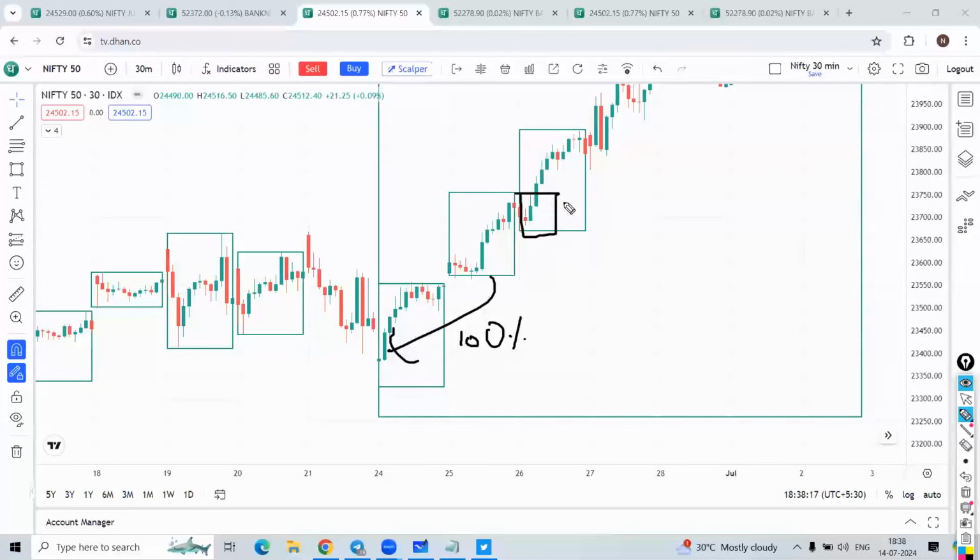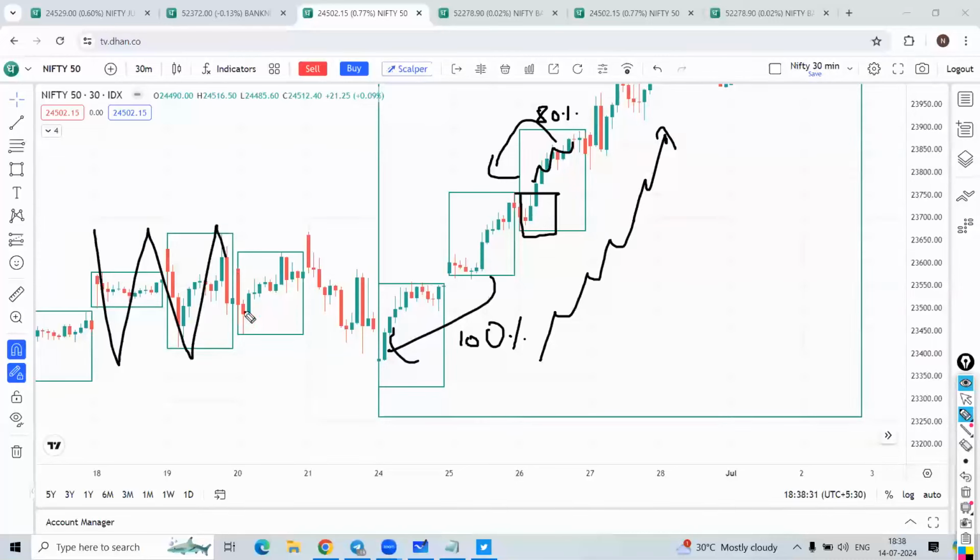Here just a few activities and then the entire thing is outside. 80% outside, above previous day's. So price is expanding. If you want to form a line pattern, price action like this over here and like this over here. Okay. This is fast market. Fast price action.